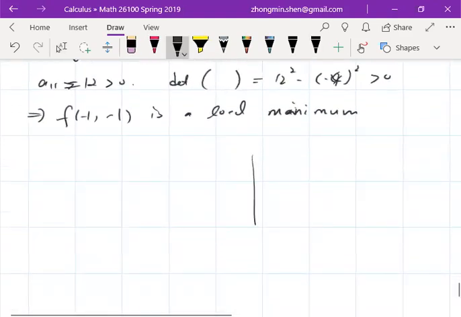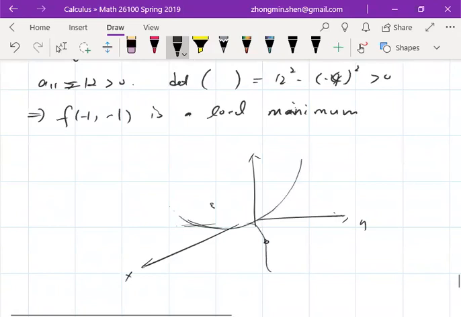If we have to draw the graph, here's one point, here's another one. So the graph maybe looks like that. It has a local minimum value.